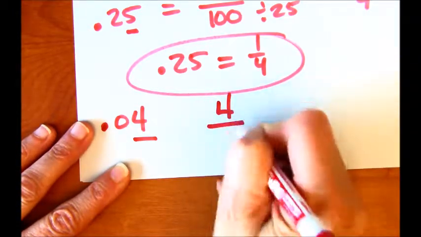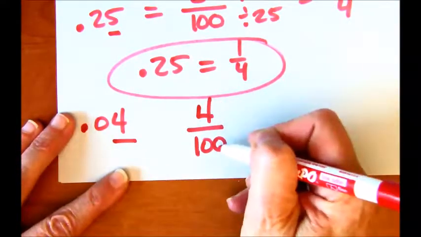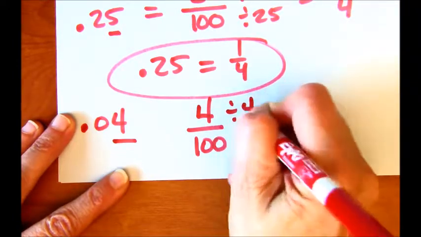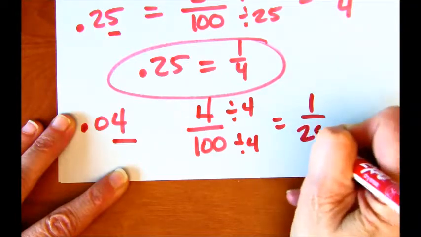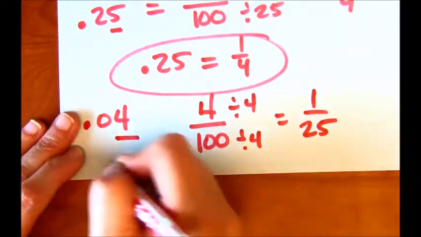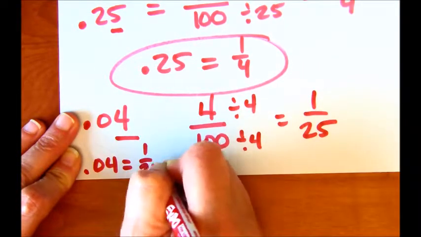So we're going to write it 4/100. Notice they're both even numbers, so we can reduce. 4 goes into 100, so I'm going to divide each by 4 and I'm going to get 1/25. So 4 hundredths is equivalent to 1/25.